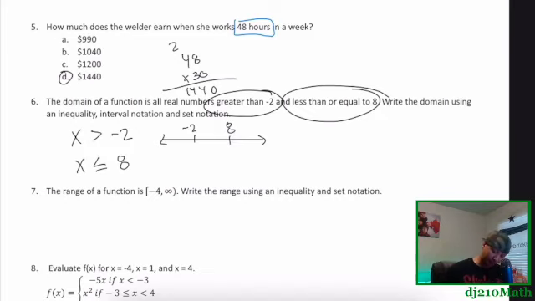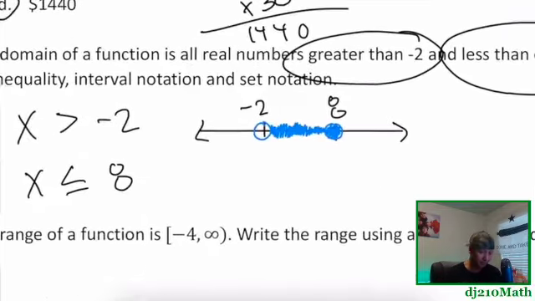So this is going to be an open circle at -2, and we want greater than. So this is definitely going to be to the right. Then we say, okay, x is less than or equal to 8. So this is going to be a closed circle because it's or equals, and we want less than, so it's going to go to the left. So these are going to meet in the middle. That's typically how that's going to go.